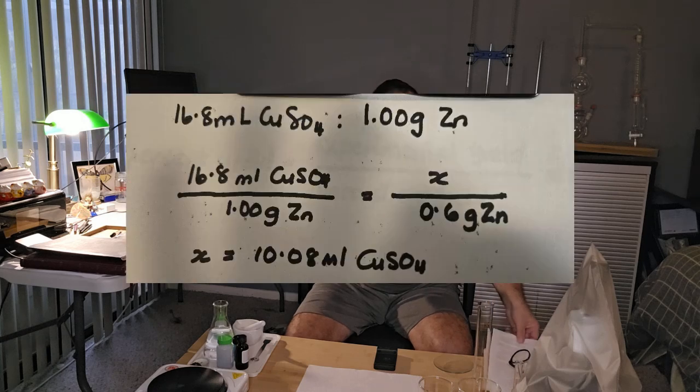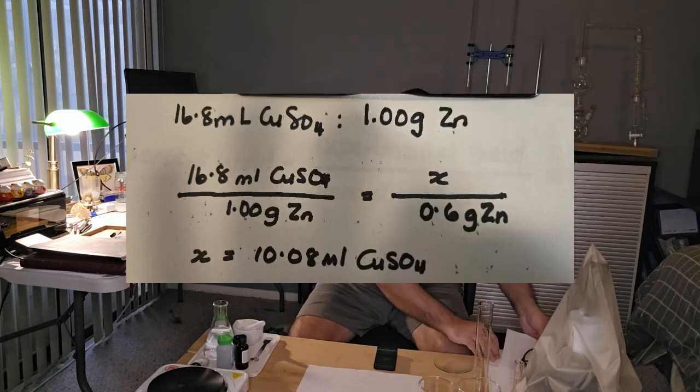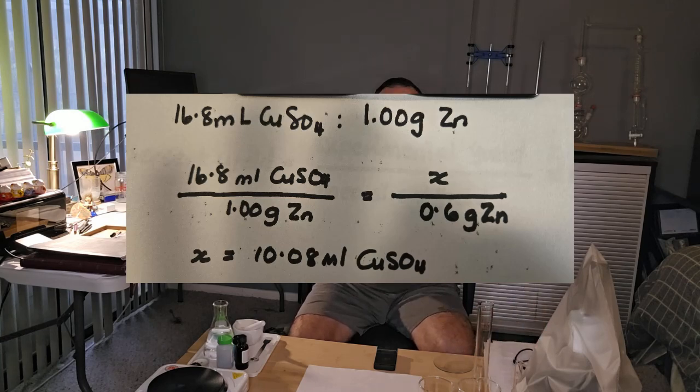Since copper sulfate needs to be in excess, we're going to use a 10% excess of that 15.3 mL. So that means 16.8 mL of copper sulfate will react with 1 gram of zinc.